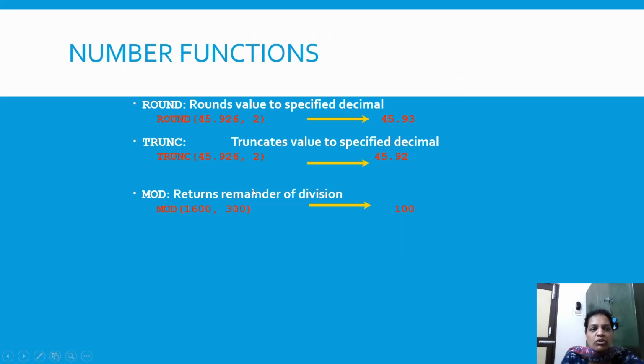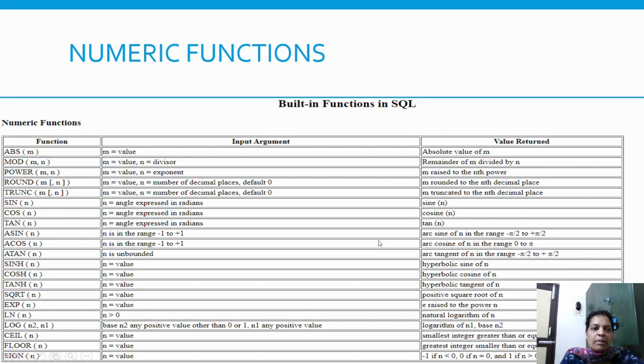Then next we are going to study the number functions. After the character functions, the next is the number functions. These are the things we can do with numbers: rounding a number, truncating, finding the modulus, everything we can do using the number functions. ABS finds the absolute value of the particular value m.